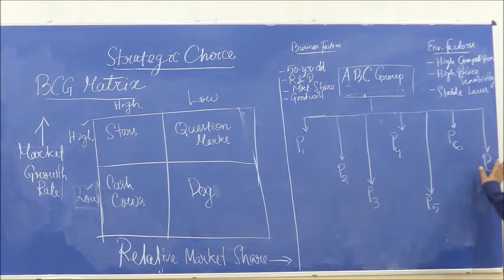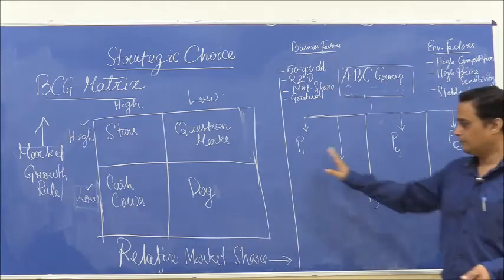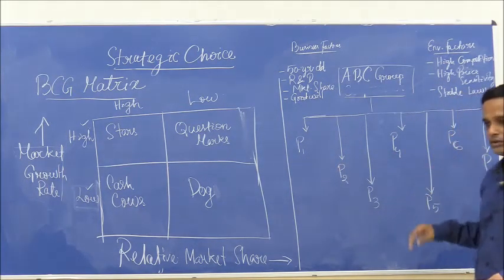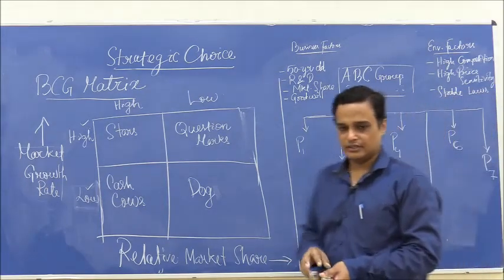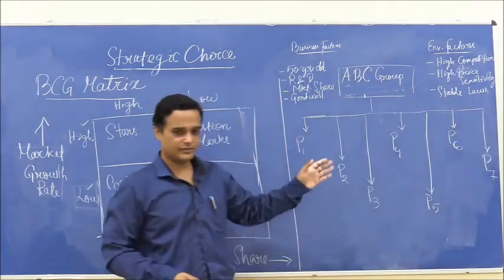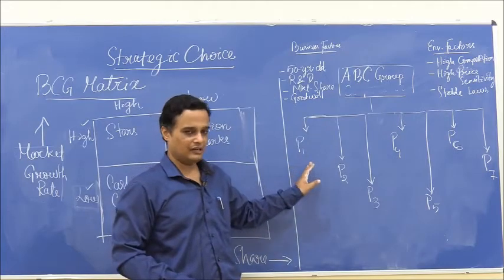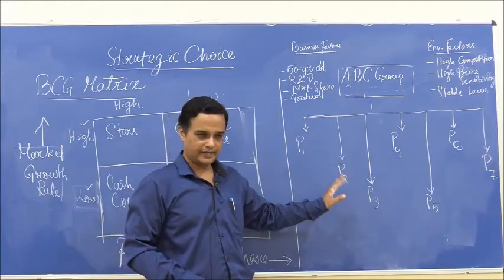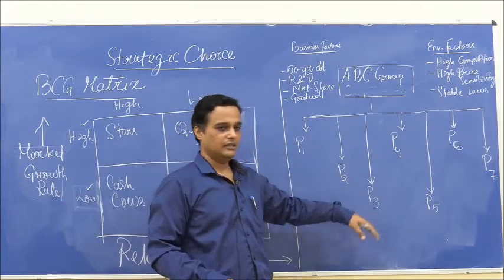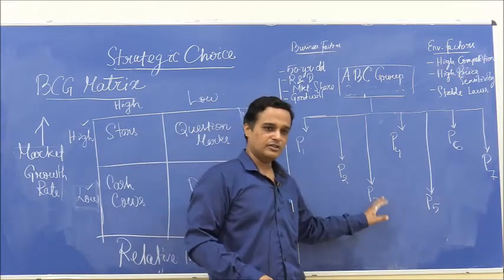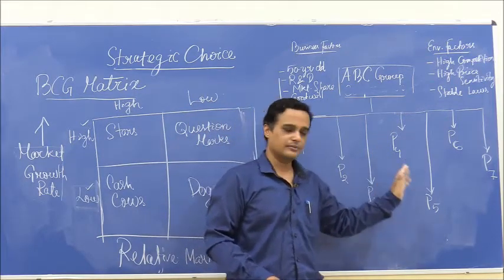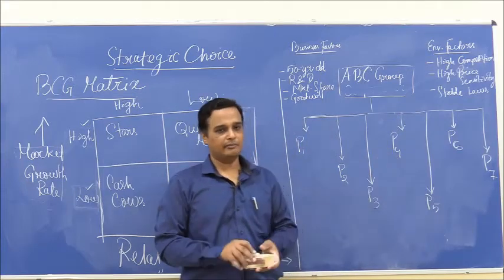We have taken 7 product lines, P1, P2 and so on up to P7. These are different products; P1 could be cars, P2 could be banking services, P3 could be FMCG, pharmaceuticals, and so on. It could be any kind of product.